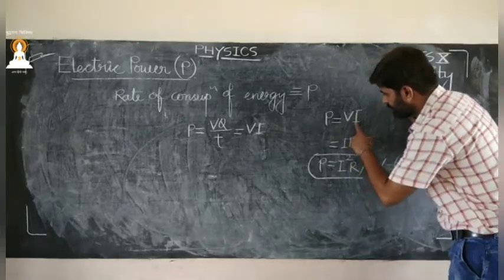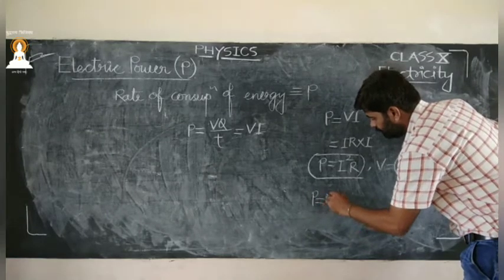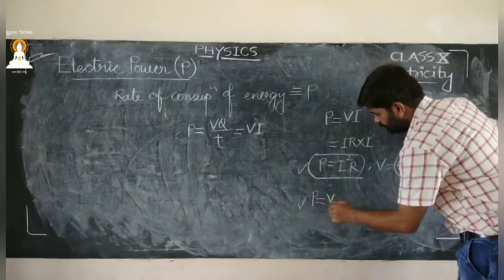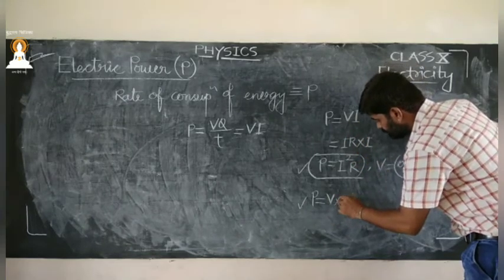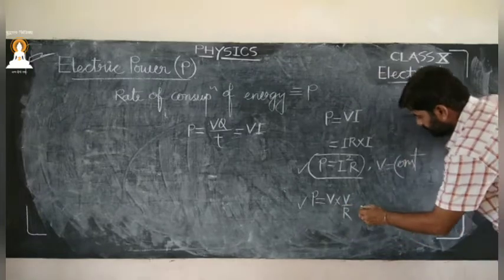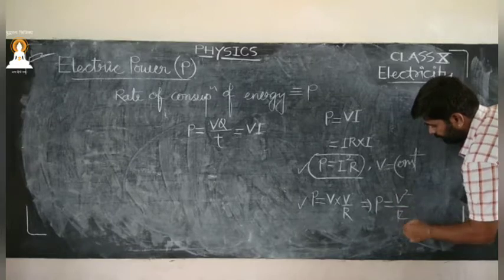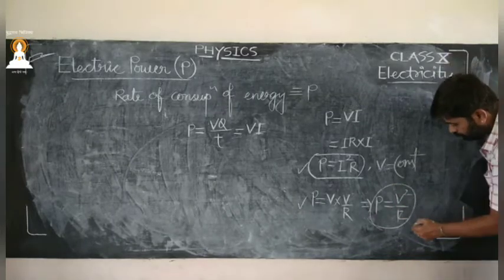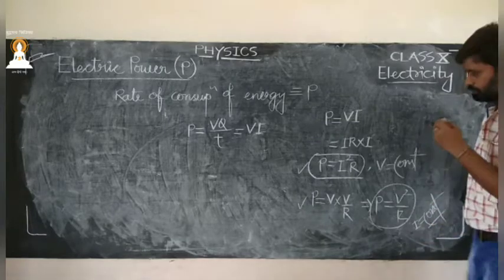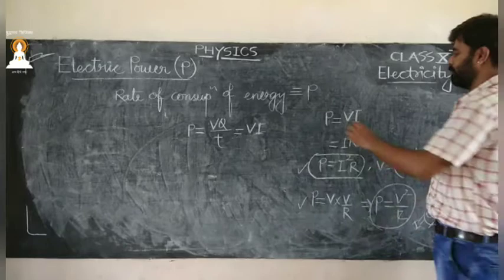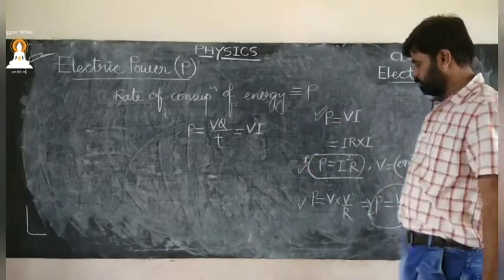And for I constant, P will be V into V by R, that is P is equal to V square by R, for I constant. Remember this formula. The rest of these two you may derive, don't mug them up.